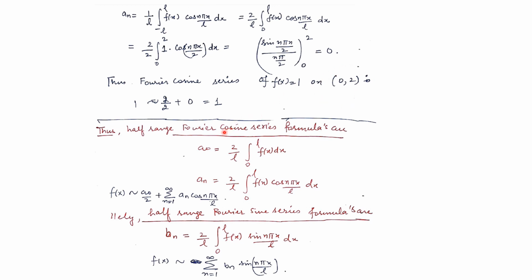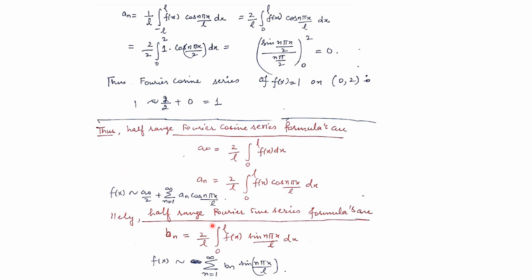So what are the formulas? In case of half range Fourier cosine series, the value of a0 is 2 by L integral 0 to L f(x) dx. The value of an is 2 by L integral 0 to L f(x) cos n pi x by L. And the series is only a cosine series.